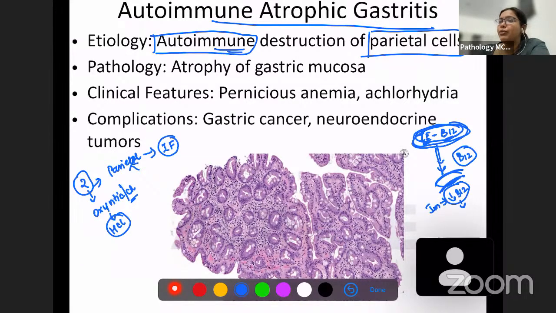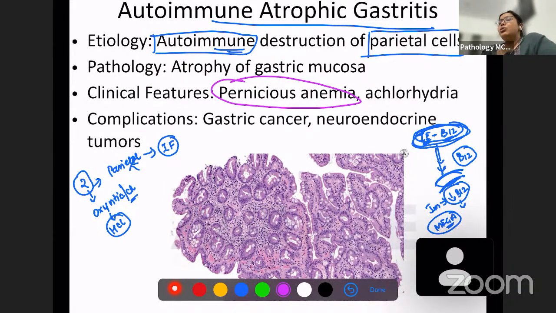We know B12 and folate deficiency lead to a specific type of anemia, which is megaloblastic anemia. So autoimmune destruction of parietal cells causing megaloblastic anemia is what is known as pernicious anemia.